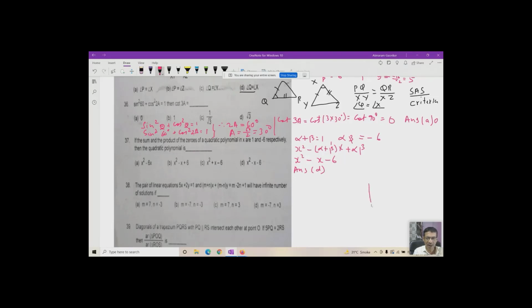In 39, I will give you a hint and you continue with this. In 38, you see there are two equations, and they have got infinite solution. That means all the ratios are equal.